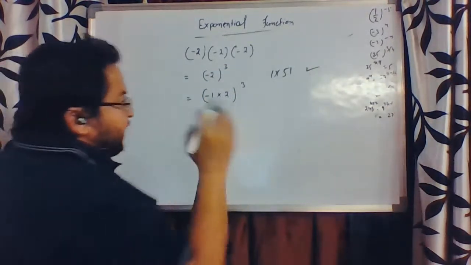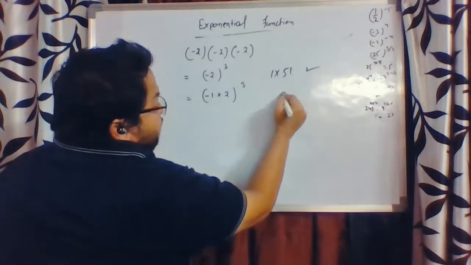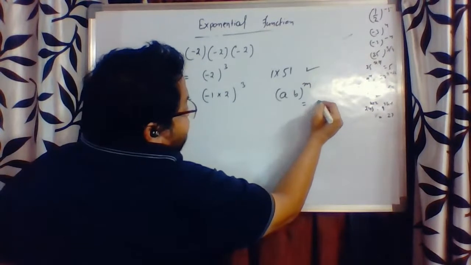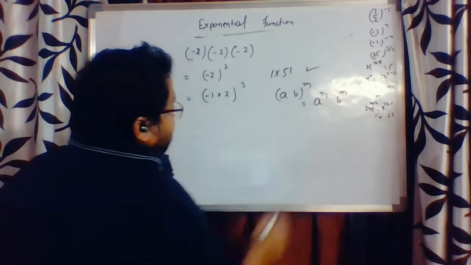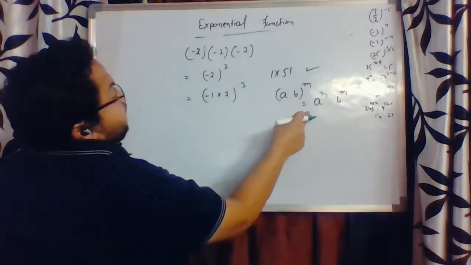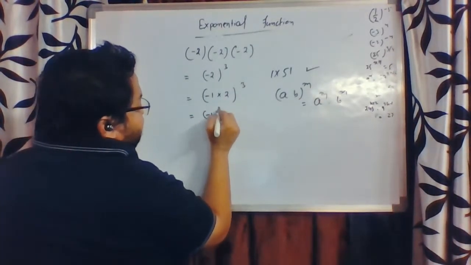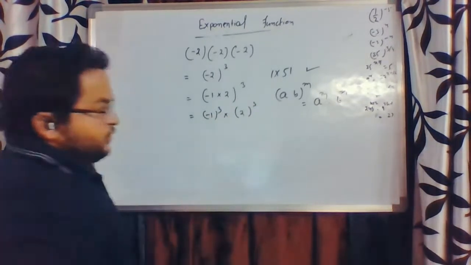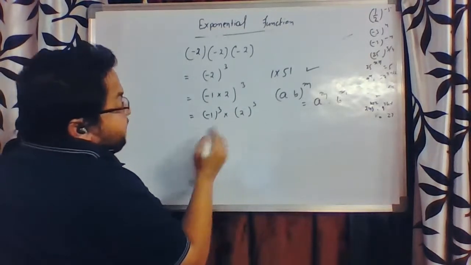Then in our exponents we had a rule that ab to the power m equals a to the power m into b to the power m. Using this rule I can rewrite this as minus 1 to the power 3 into 2 to the power 3. Now, things have become much simpler.